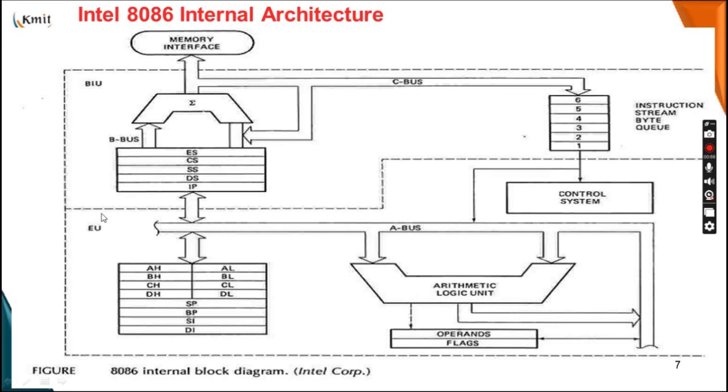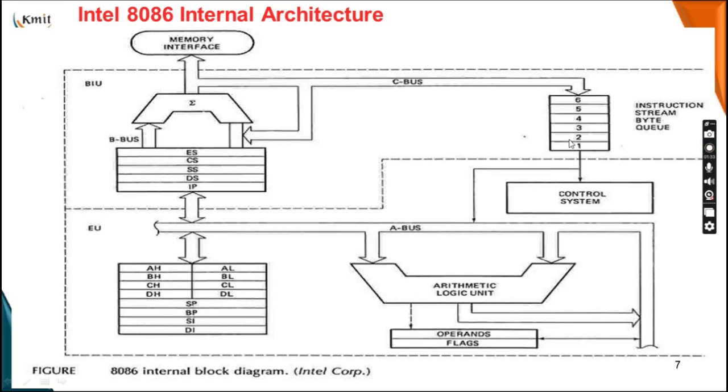The main functionality of the BIU is fetching the instructions for decoding and executing. It fetches the instructions from the memory, depending upon the physical address calculated by this adder, into a queue which is 6 bytes long.